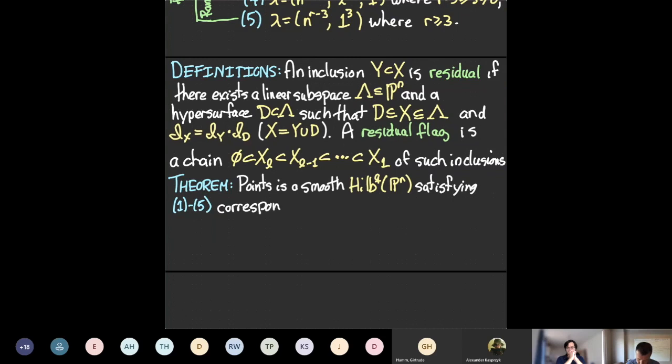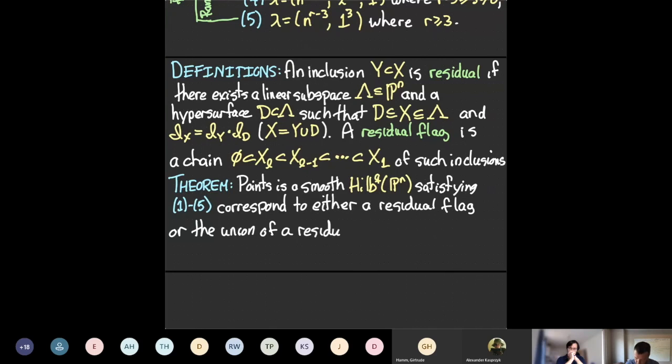Correspond to, well, there's 2 possibilities, either residual flag, which explains, at least initially, why we made the definition and how we came up with it, or it should be the union of residual flag and a point.